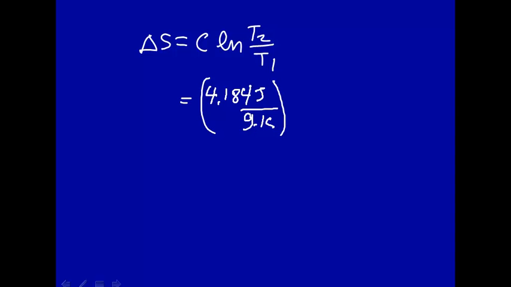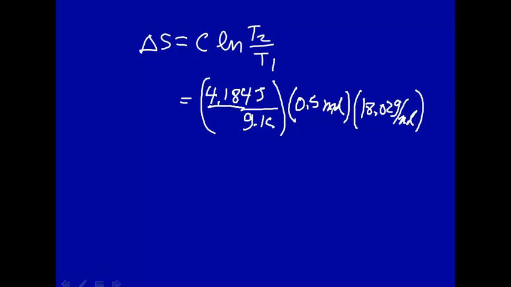This is an intrinsic heat capacity. We have to actually know the heat capacity of our system. So we said we have 0.5 mole, and we have 18.02 gram per mole. This will give you how many grams you have, and that will give you the real heat capacity.